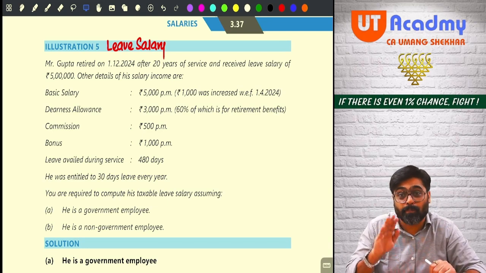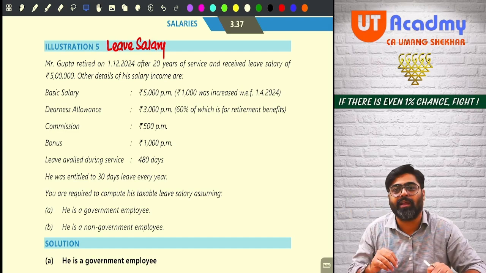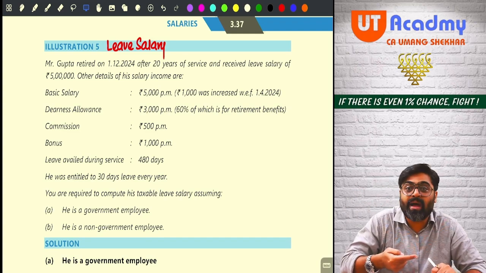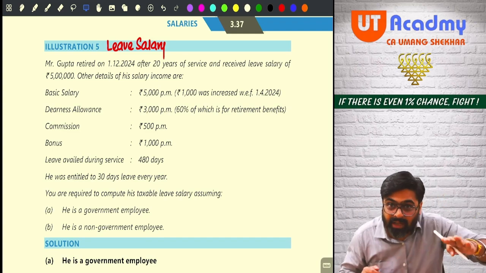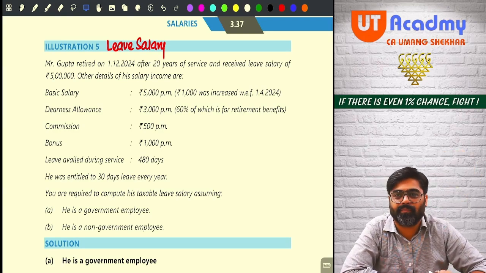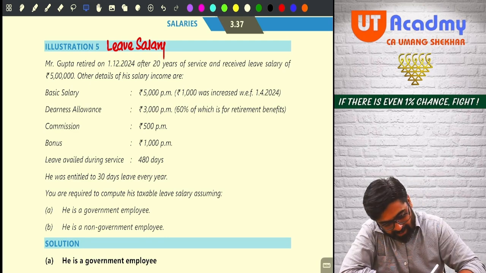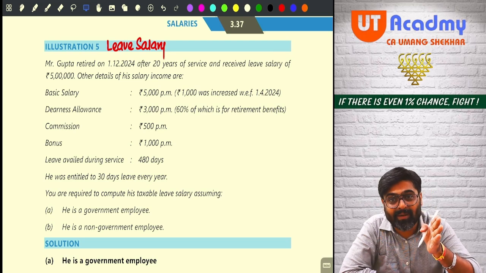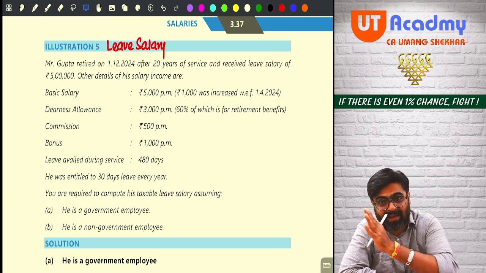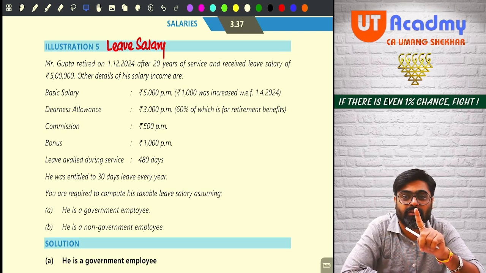Meaning that basic prior to 1st April 2024 was not 5,000, it was 4,000 only. 4 increased by 1 became 5, which you are receiving since April till the date of your retirement. So in the last 10 months prior to the date of retirement, from April to November, 8 months, your basic salary was 5,000.